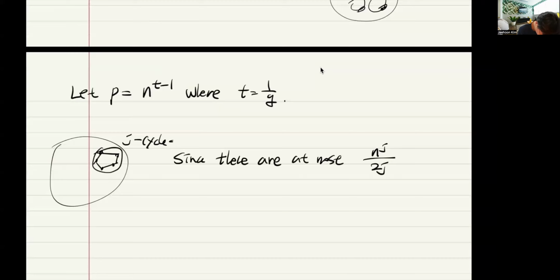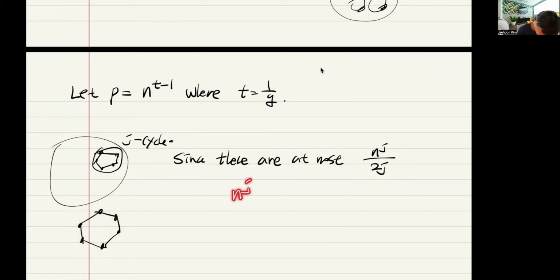You choose one vertex, another, up to j vertices, and that is one possibility. But choosing them in a different order gives you the same cycle, and the reverse direction also gives the same cycle.